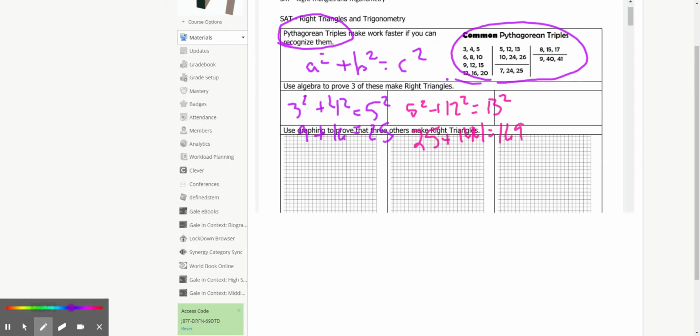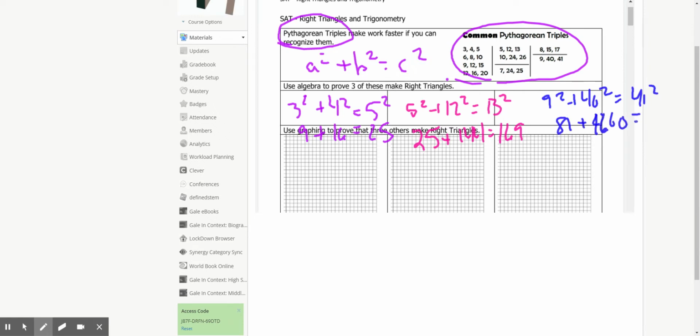And we can even go over to a really big one. We could do 9 squared plus 40 squared equals 41 squared, because 81 plus 1600 equals 1681.